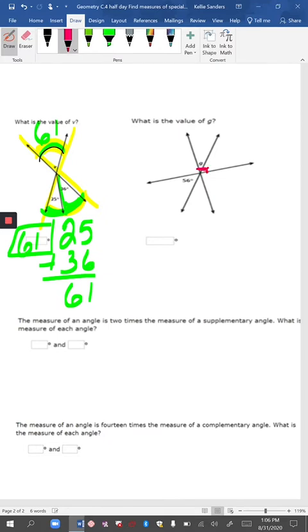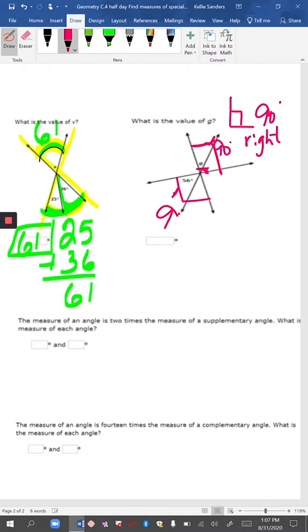You see this little red square right here? A red box always means 90 degrees or a right angle. So I know all of this is 90. If all of this is 90, then all of this is 90, because they are vertical angles.